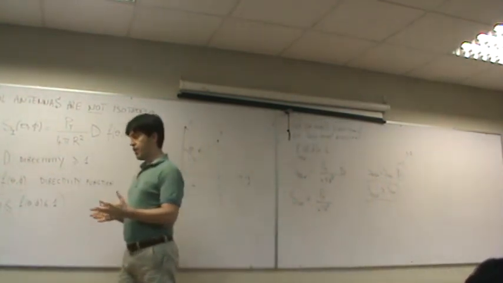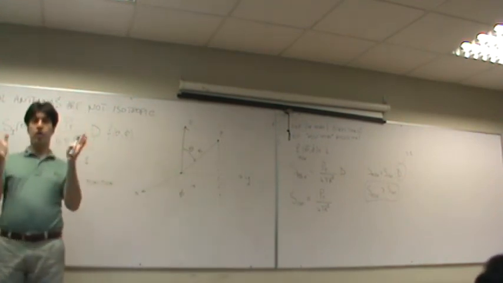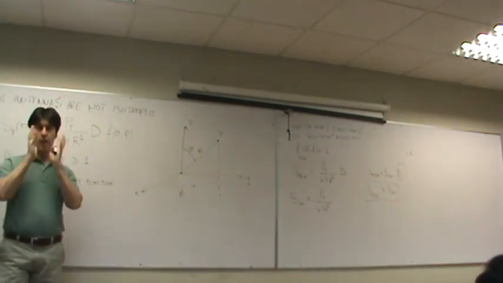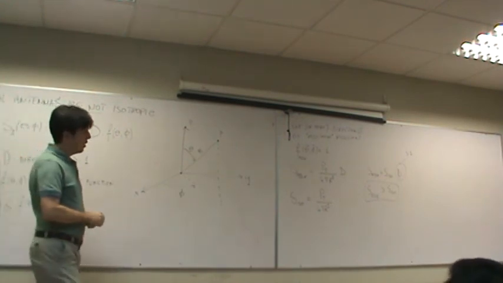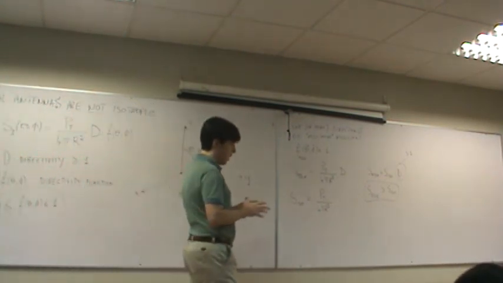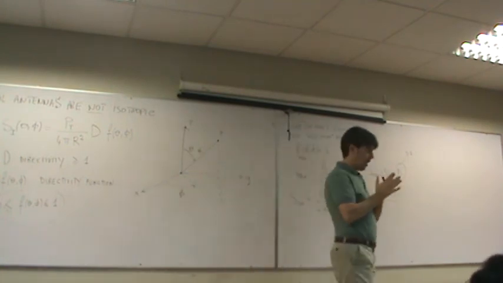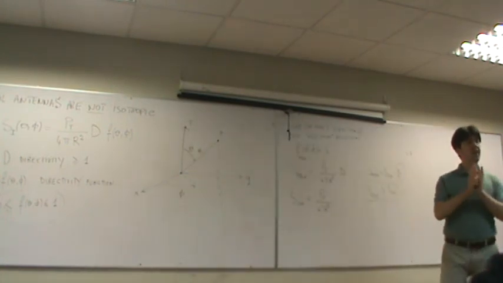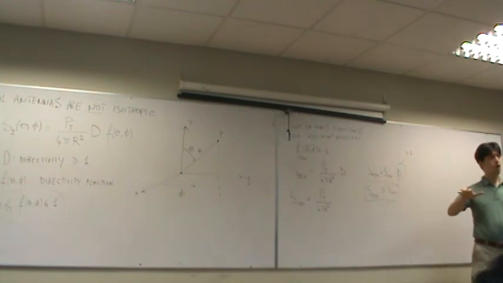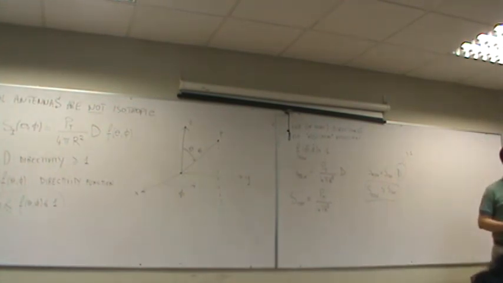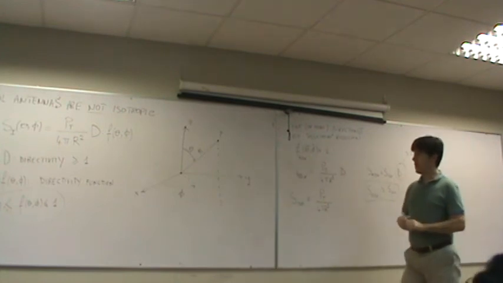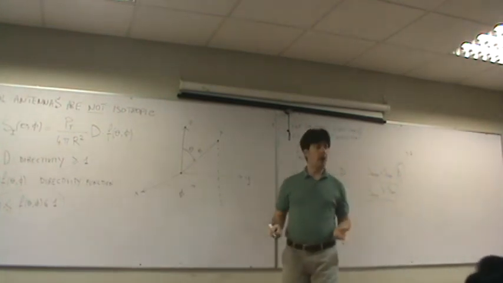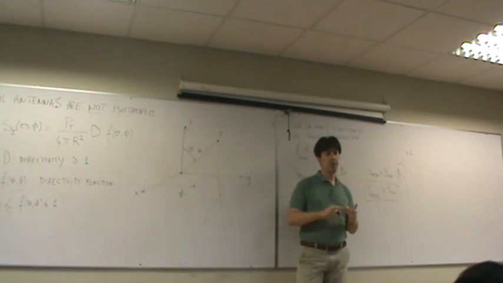What is happening simply is that the antenna is concentrating the energy in a given direction. This concentration must be done at the expense of the radiation in other directions. The total radiated power must always be constant, must be P_t.